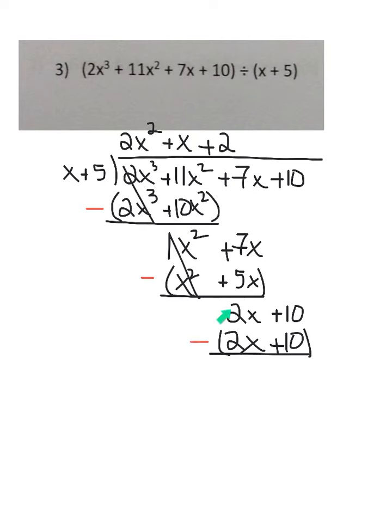All right, so 2x minus 2x, that's going to cancel out. And then 10 minus 10, well, that's also going to cancel out. So our remainder is 0. Okay, so our final answer would be 2x squared plus x plus 2.